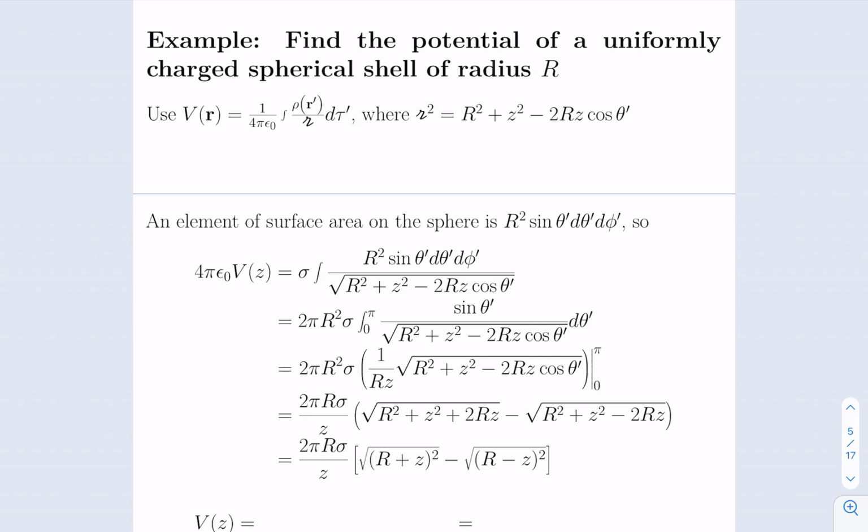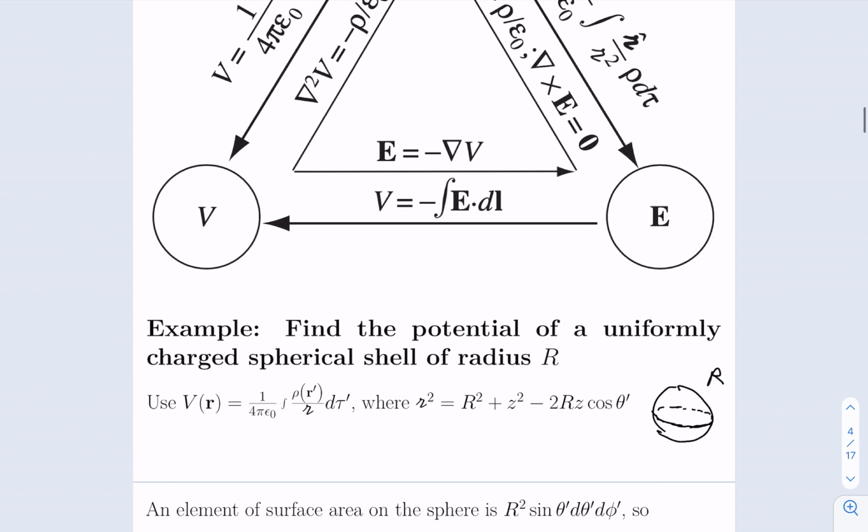So if I draw this, this is the sphere, and it's only a shell, and the radius is r. And to get this potential, we can simply invoke the formulas on this page here.